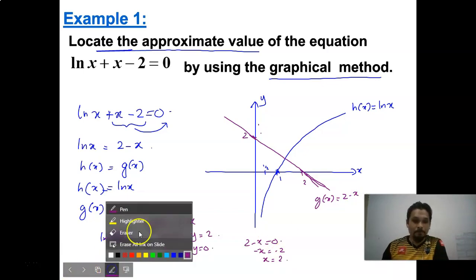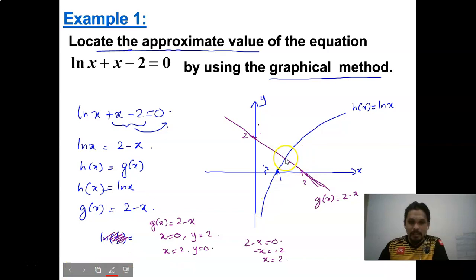Now, this is the intersection point between the graph of h(x) and g(x). Can you give me an idea, what is the accurate value?